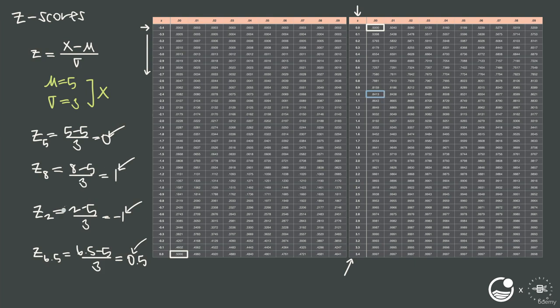Now, if we look for z equals -1, because we have a negative z-score, we're in this left side table here. If we go to z equals -1.00, that puts us here in this first column at 0.1587. This tells us that the area under the standard normal distribution to the left of -1 is about 15.87% of the total area.